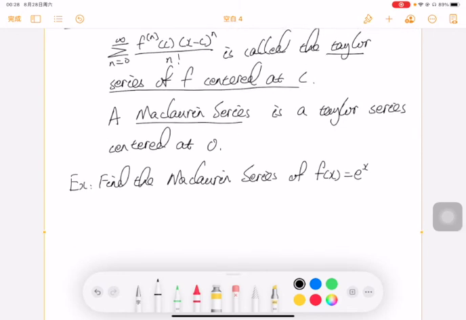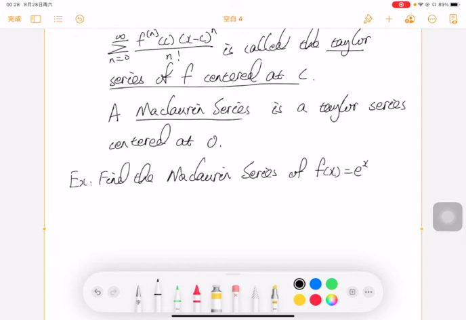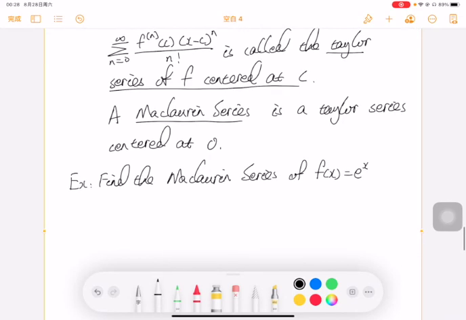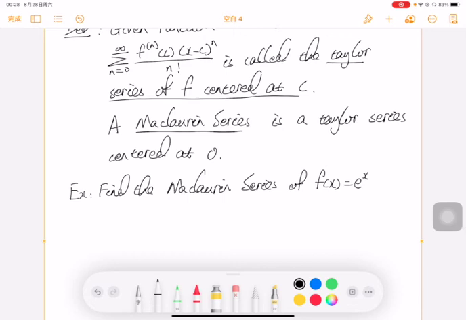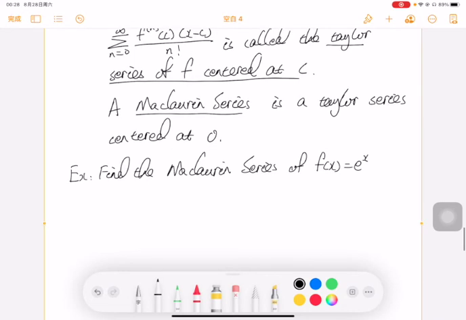So plugging in the formula, the first step is to find all orders of derivatives of the function, right? Now, the 0th order derivative is e to the x, and therefore the 0th order derivative evaluated at 0 is 1. Because the Maclaurin series is a Taylor series centered at 0, so we plug in 0 into x, right? Our c is 0 here.